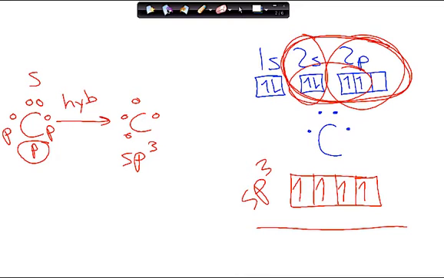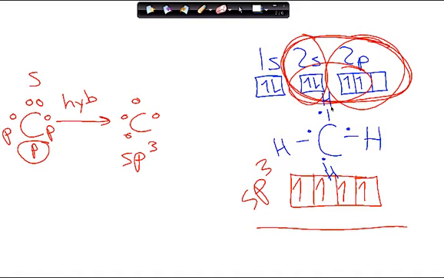Now carbon can create 4 bonds, right? You can picture this: carbon goes hydrogen, hydrogen, hydrogen, hydrogen, and it forms CH4. Guys, how many domains are on that carbon in the middle?